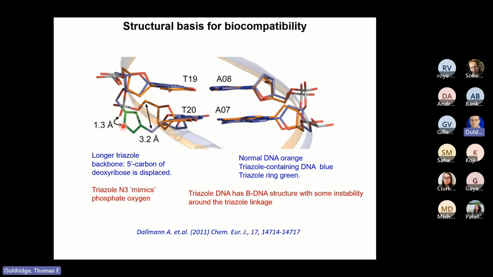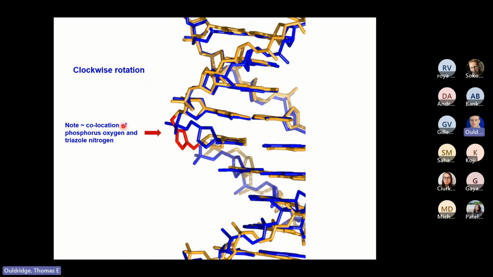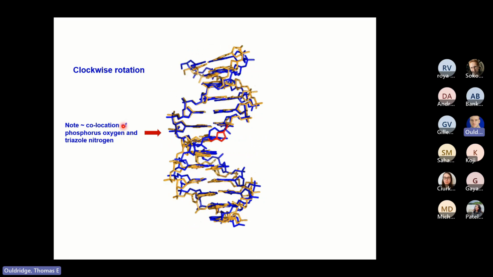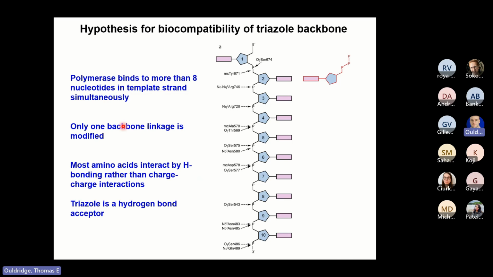So it means that it's possible that the triazole nitrogen is acting as a hydrogen bond acceptor, because when DNA binds to DNA polymerase to read through the DNA template, hydrogen bonding is quite important.